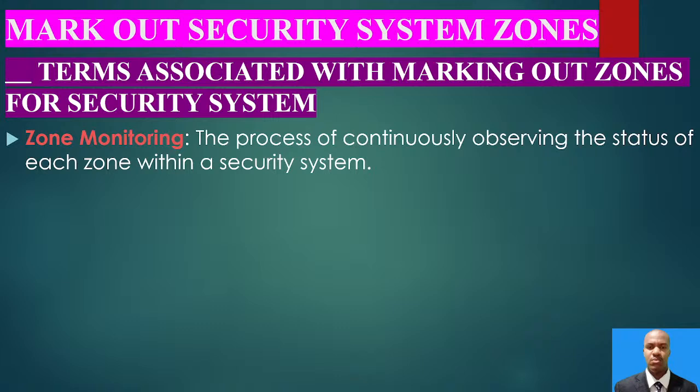Then we have the zone monitoring, and this is the process of continuously observing the status of each zone within a security system. So that process of continuous monitoring is what we are referring to as zone monitoring. And you have to keep in mind that zone monitoring is achieved with the help of security equipment installed in that specific zone.